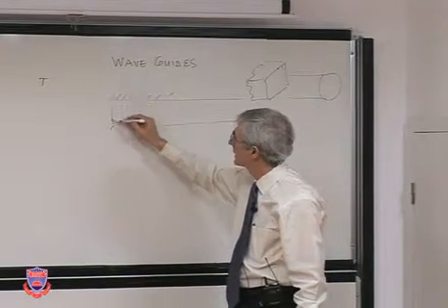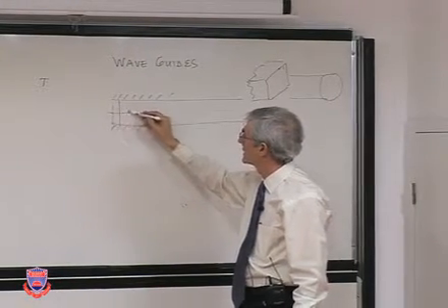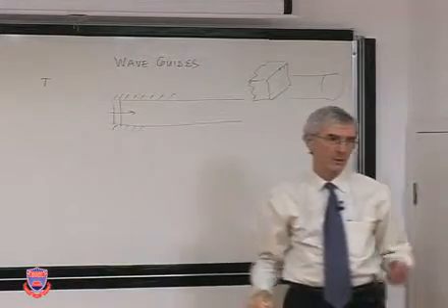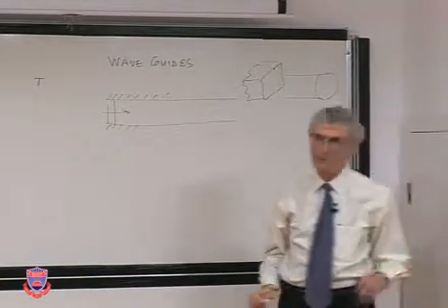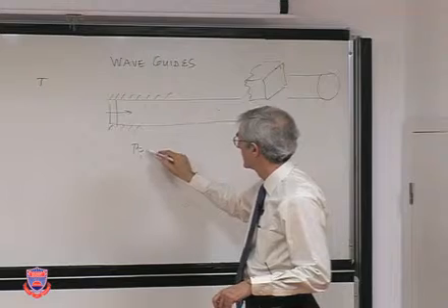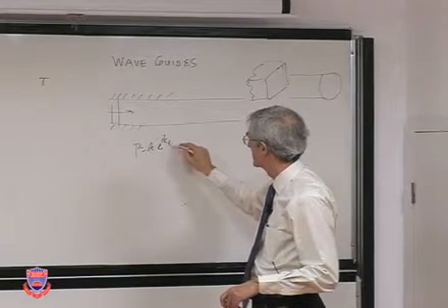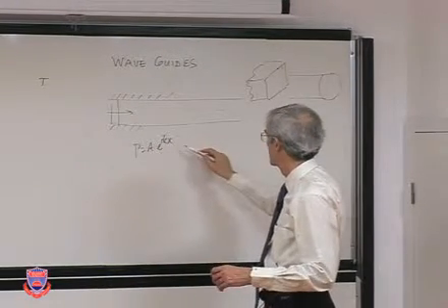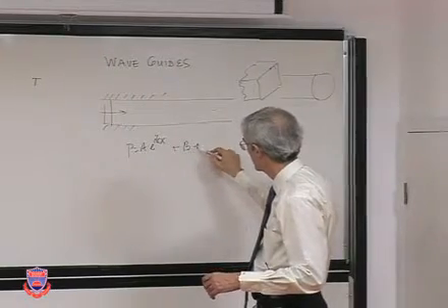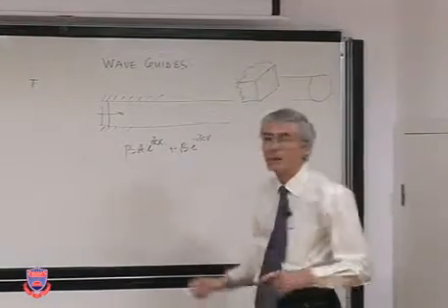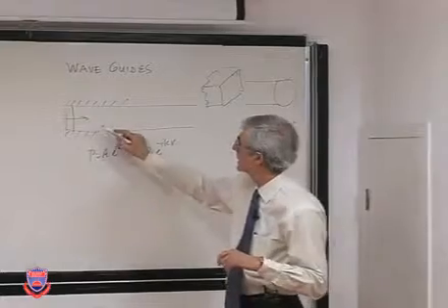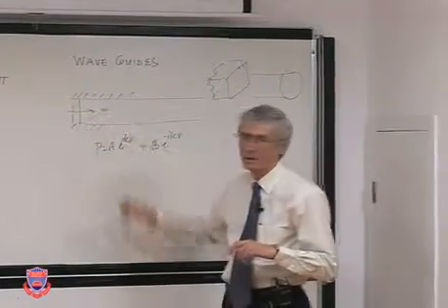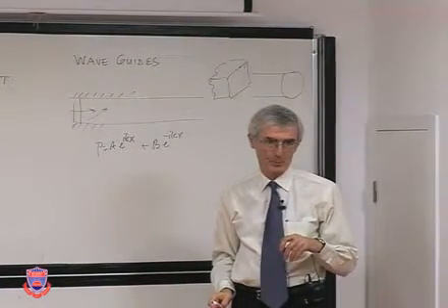You would think that if you have a normal incidence, it's a piece of cake, and it is. It's very simple. You write the normal equations of motion, and there may be reflections, so you write that down, and so on. But what happens if the sound is in a different direction? Okay?